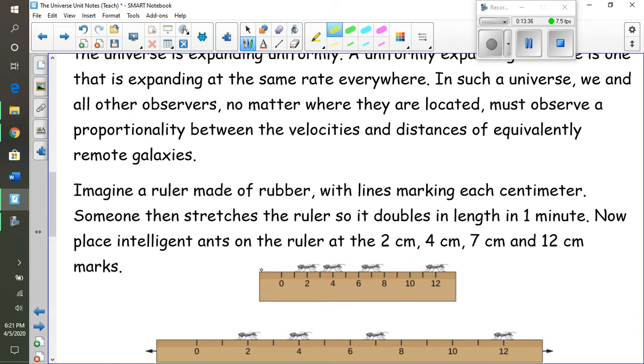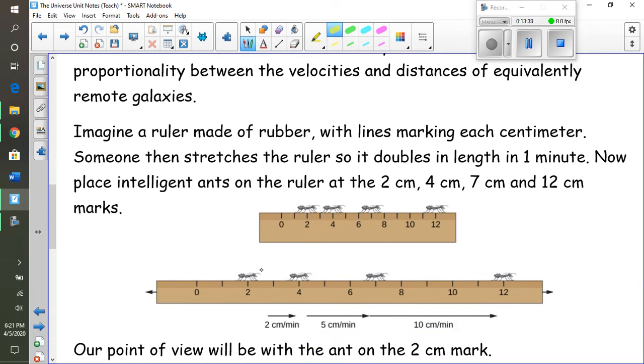So imagine a ruler, and we make this ruler out of rubber, and we put our lines for the centimeters, and someone starts stretching that ruler so it doubles in its length for every minute. And we're going to take some intelligent ants. So this part's important, and we put them at the 2, 4, 7, and 12 mark.